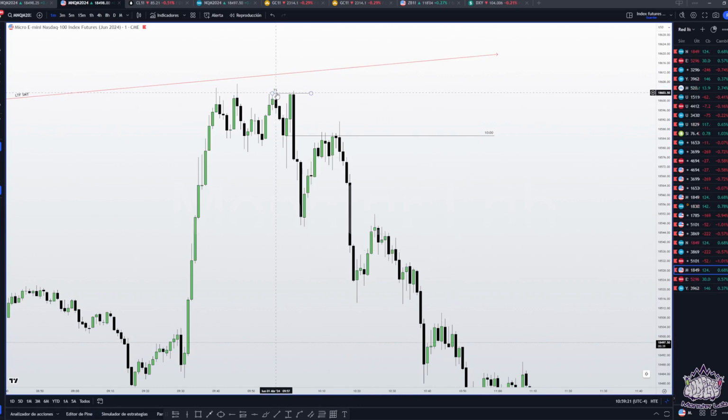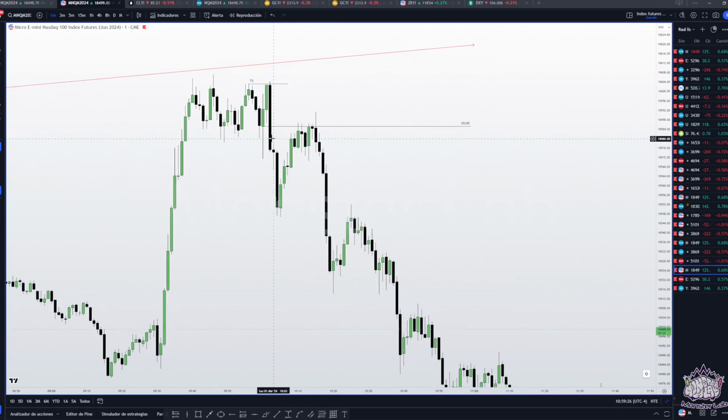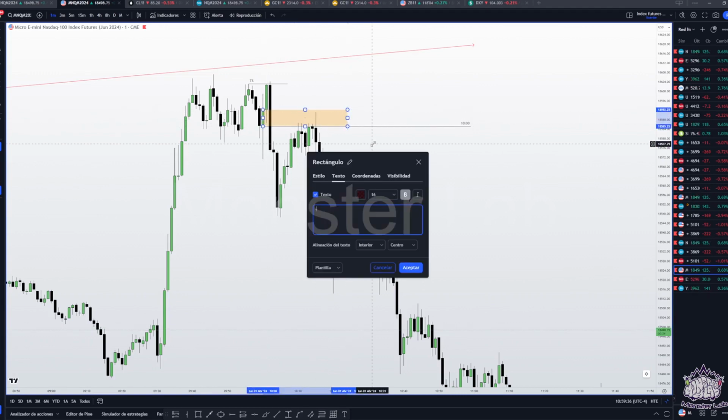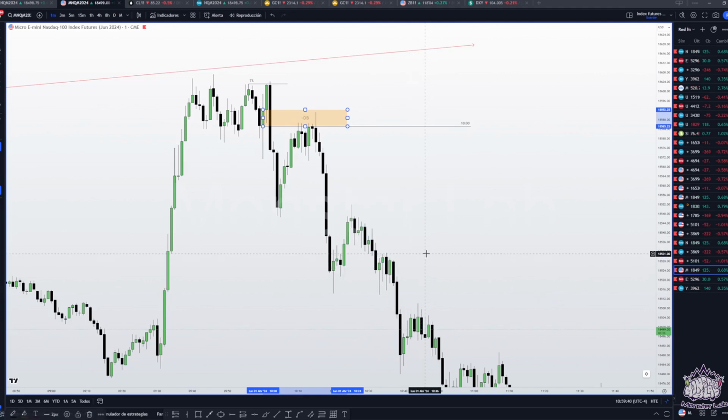Turtle soup here, inside the 10 AM candle. This is the order block in the opening.